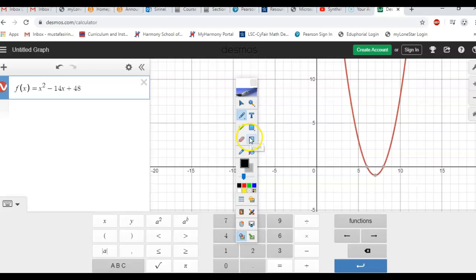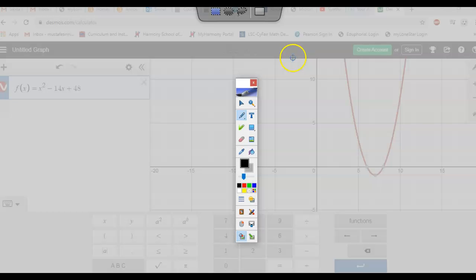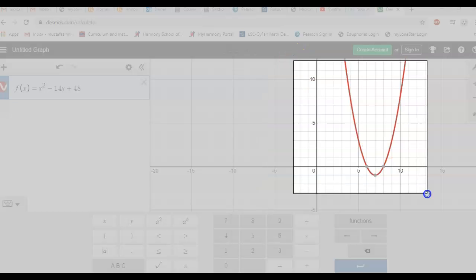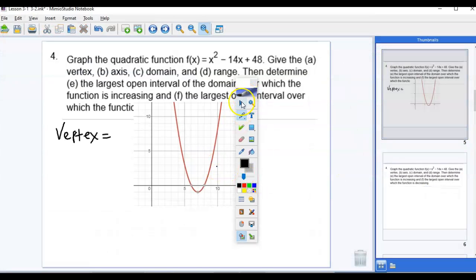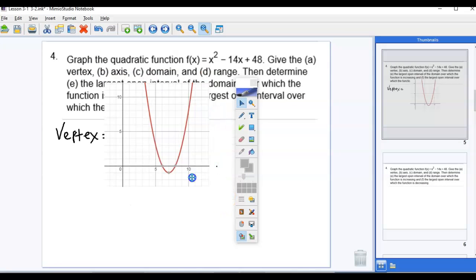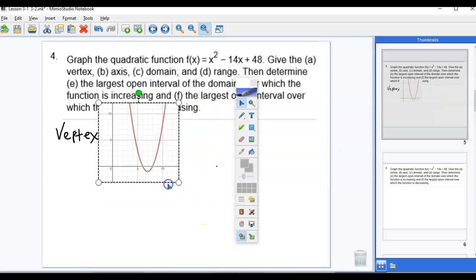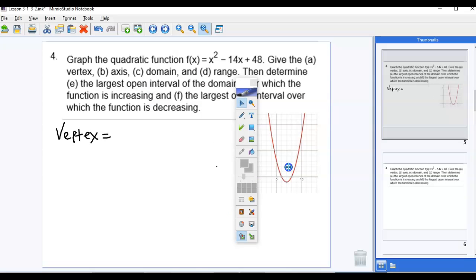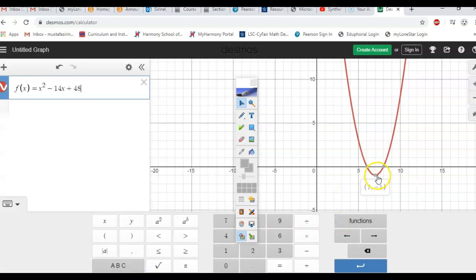As you've seen, let me take a screenshot of it. Here we are. Let me make it smaller a little bit. As you've seen, this bottom point should be my vertex point. If you just come over it, you're going to see it. So 7, -1.